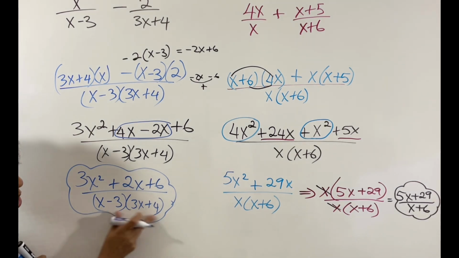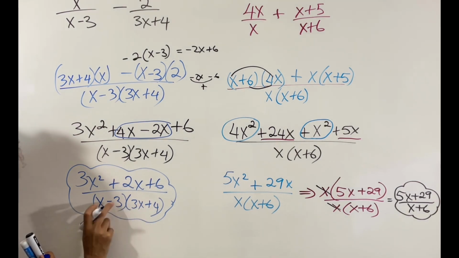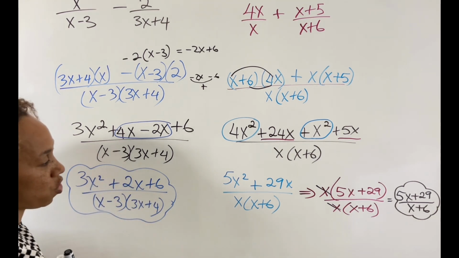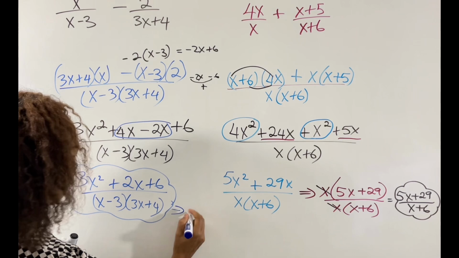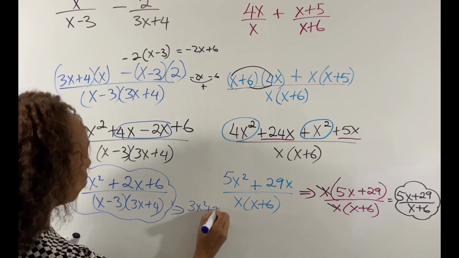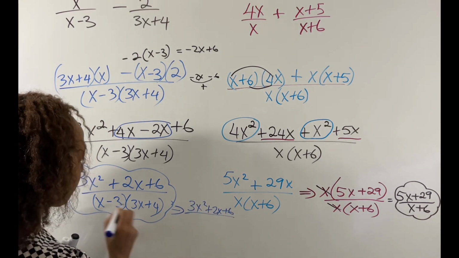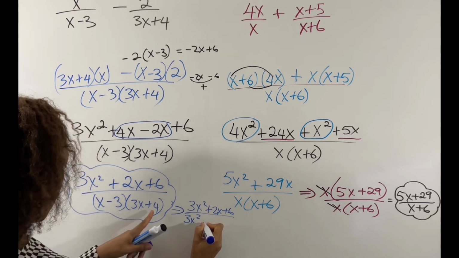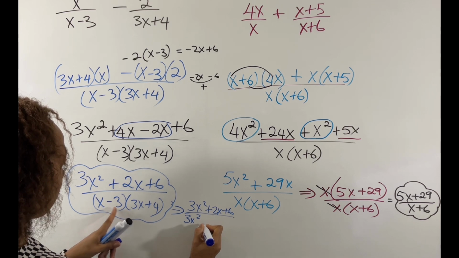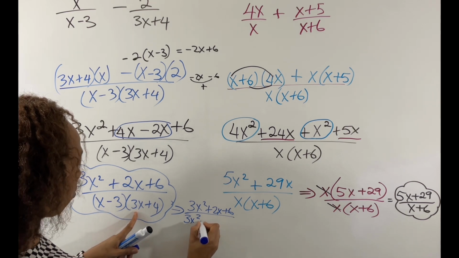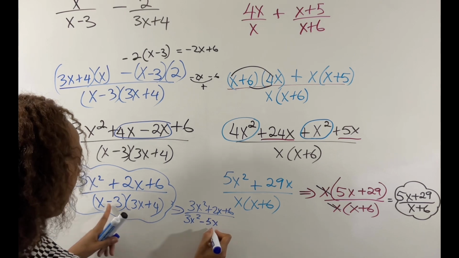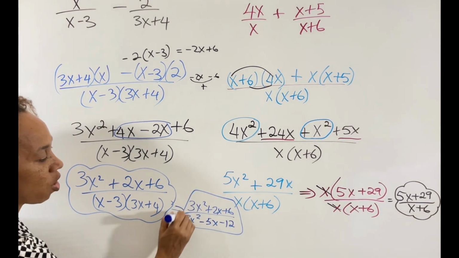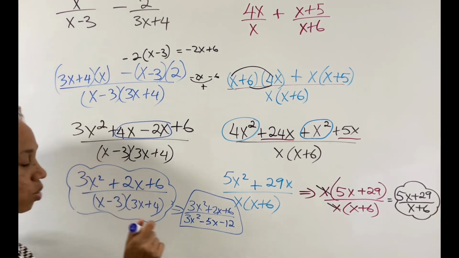You can also go ahead and use the distributive property and multiply this out, and then you can write that over, so you can have this written as 3x squared plus 2x plus 6 over 3x to the second power, and then that is going to be plus 4x, and this would be minus 9x, so it will be minus 5x and minus 12. So you can write it as this, that's your choice, or keep your answer as it was.